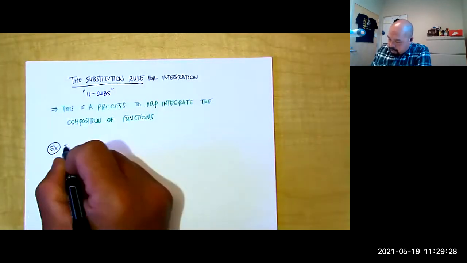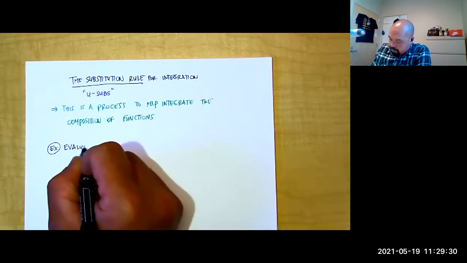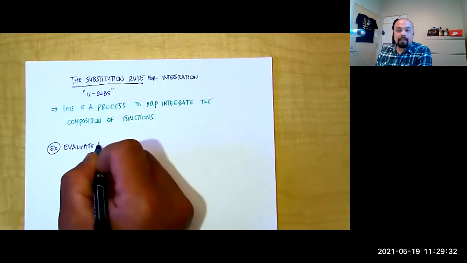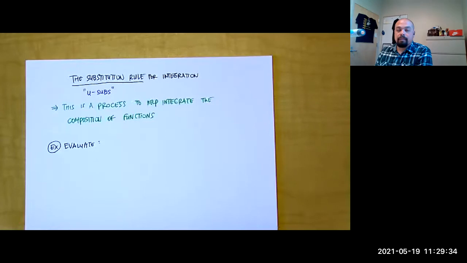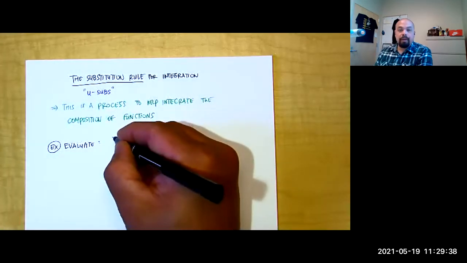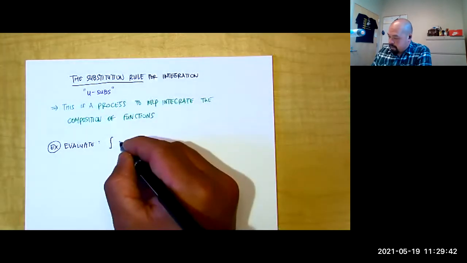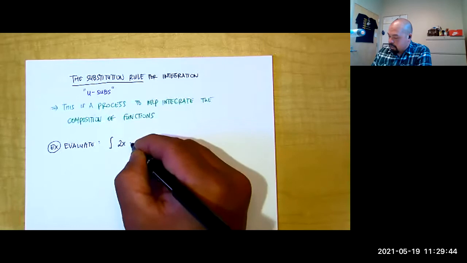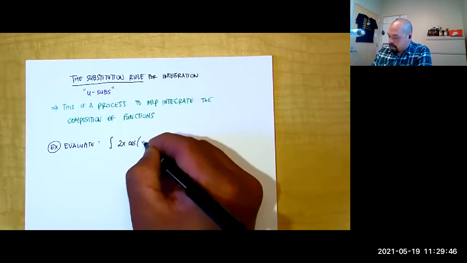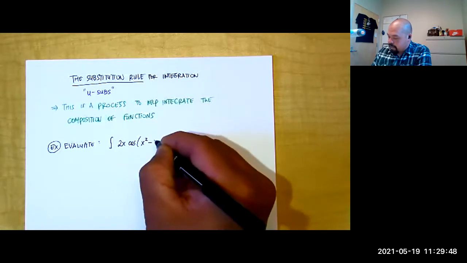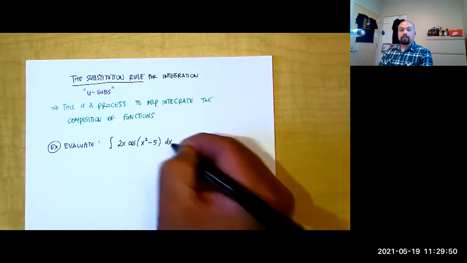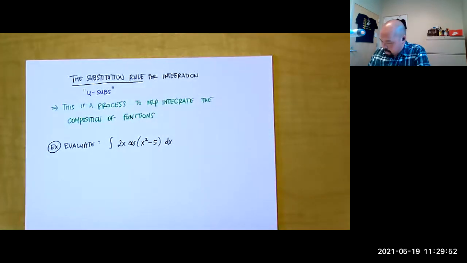So for example, what if I wanted to evaluate this indefinite integral: 2x times the cosine of x squared minus 5, dx.